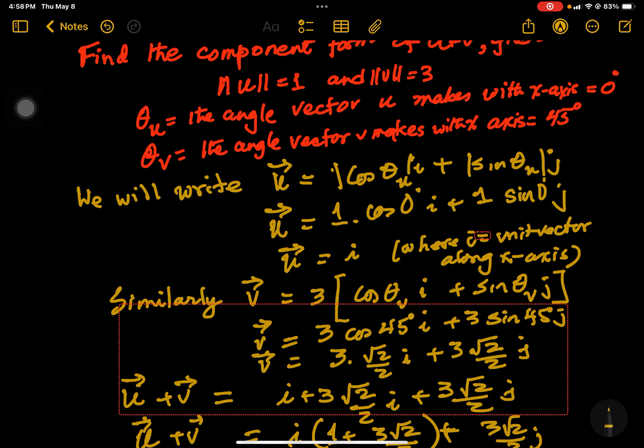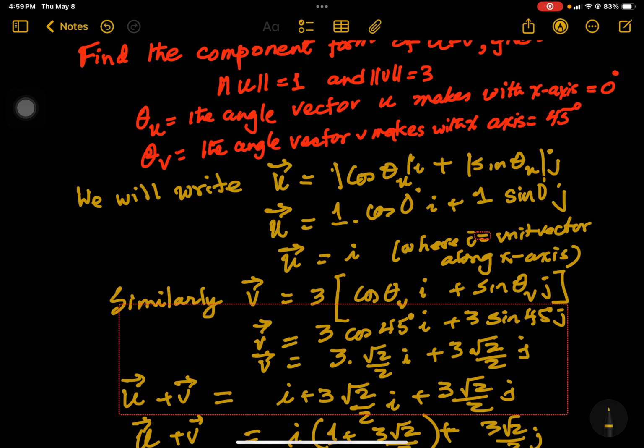Now theta v is the angle vector v makes with the positive x-axis, which is 45 degrees. So cosine of 45 degrees is square root of 2 by 2, and sine of 45 degrees is also square root of 2 by 2. So we write vector v as 3 square root of 2 by 2 i plus 3 square root of 2 by 2 j. Now we add the two vectors u plus v.